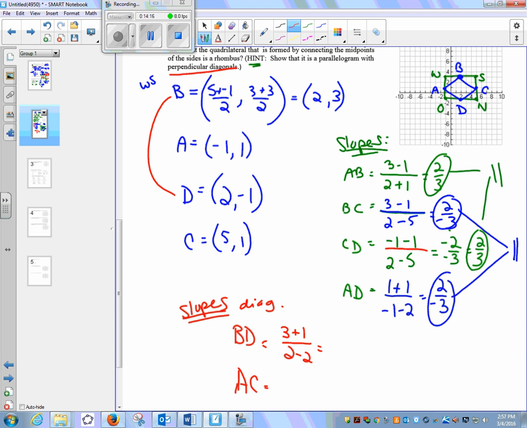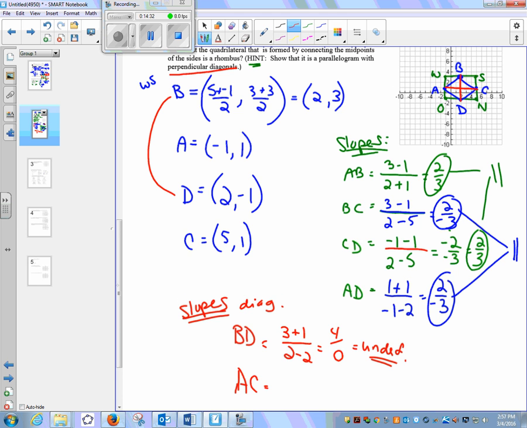Slope of BD, yes. So BD, it's not surprising that it comes out to something over 0 because that makes it undefined, which signifies that it's a vertical line.